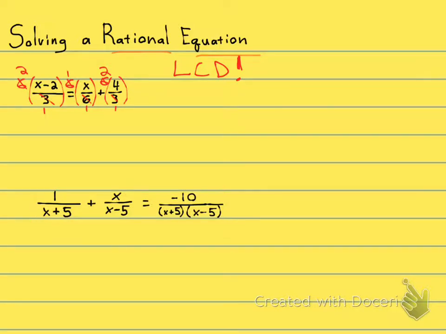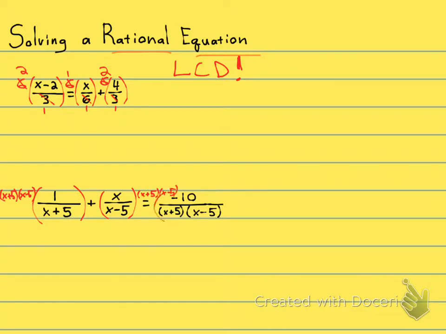All right. What's the LCD here? Well, now the LCD has to have an x plus 5 and an x minus 5. Okay, this one is going to be times x plus 5 and x minus 5.